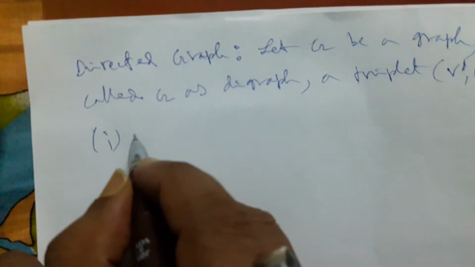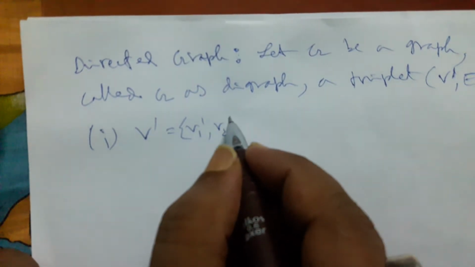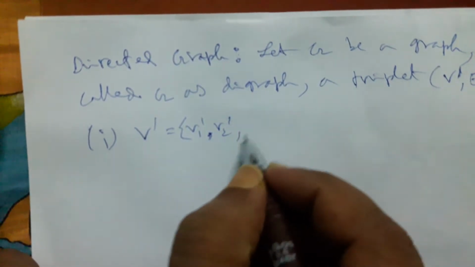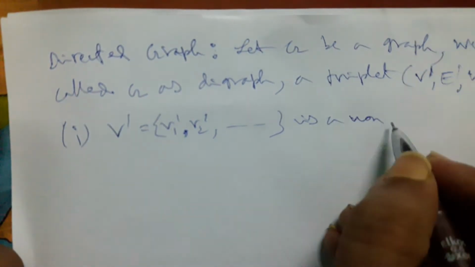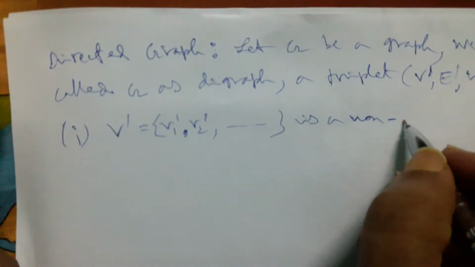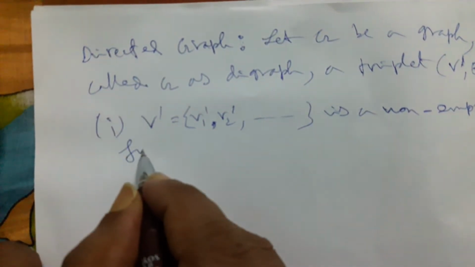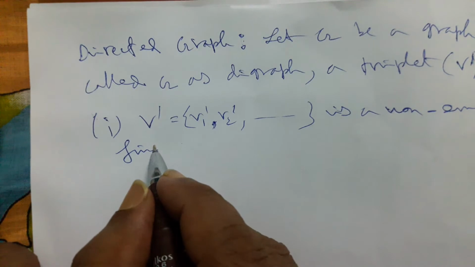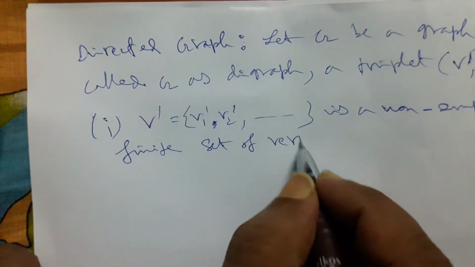Number 1, V dash, that is V1 dash, V2 dash, and so on, is a non-empty finite set of vertices.